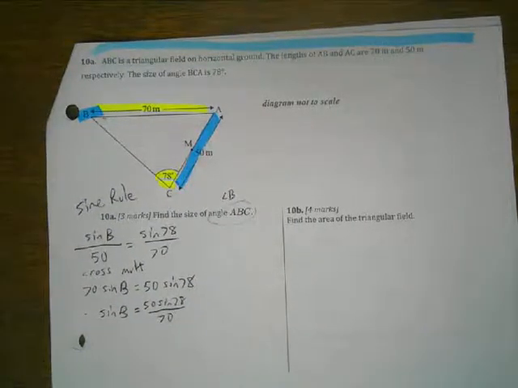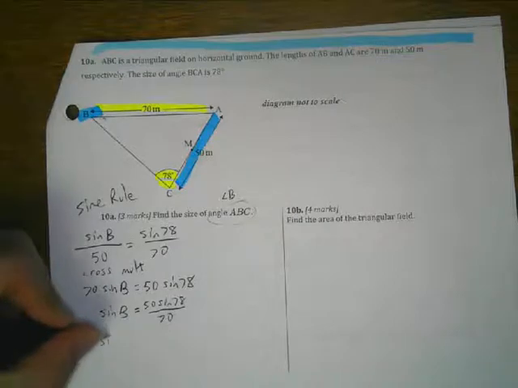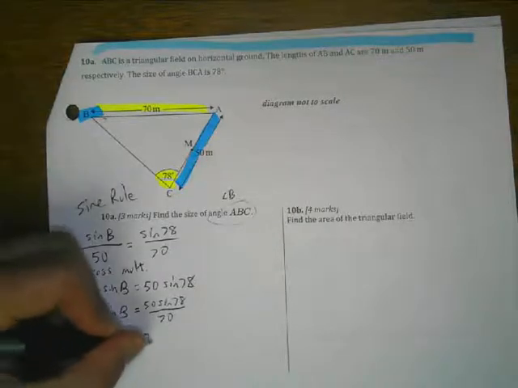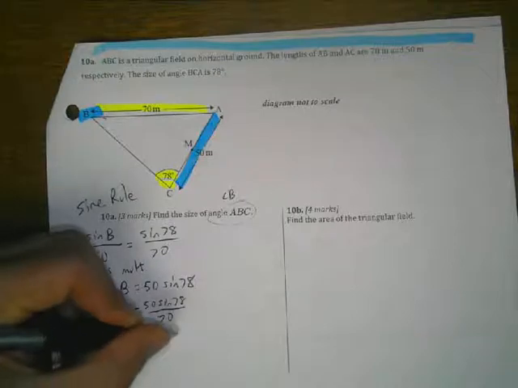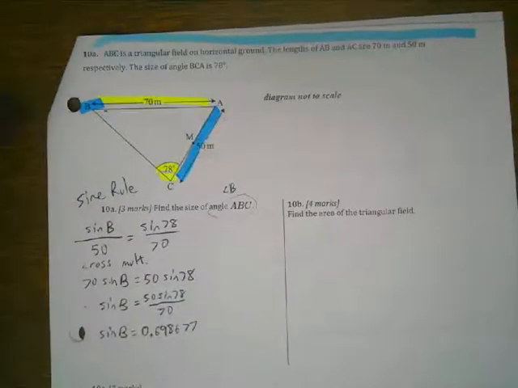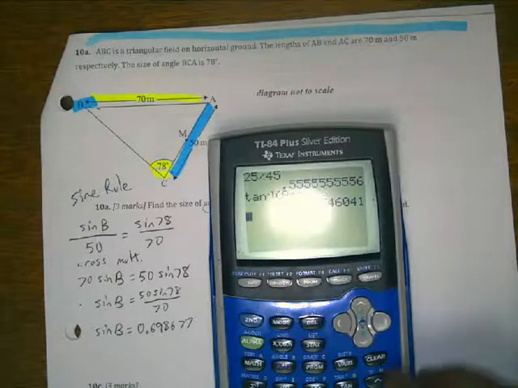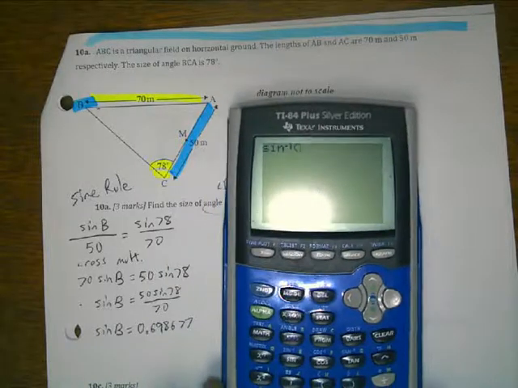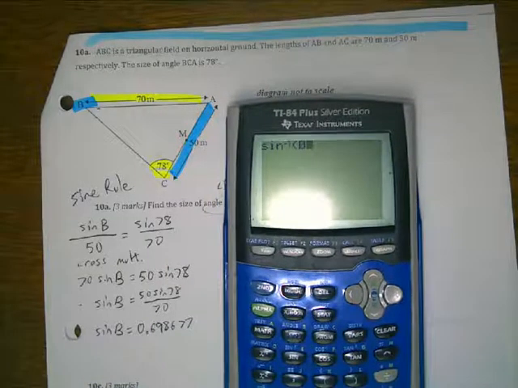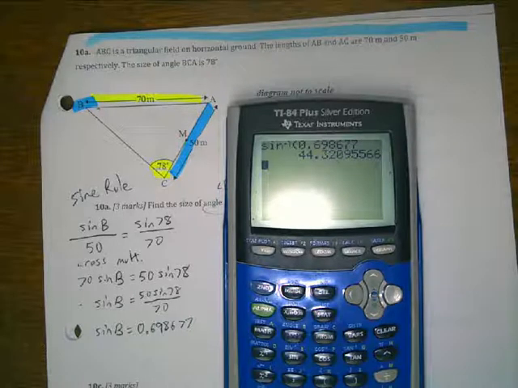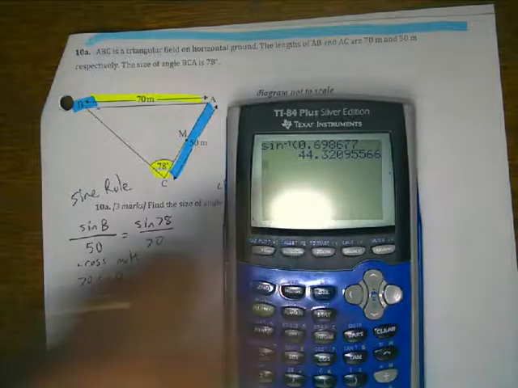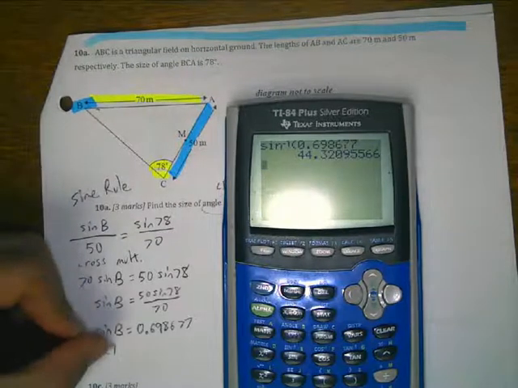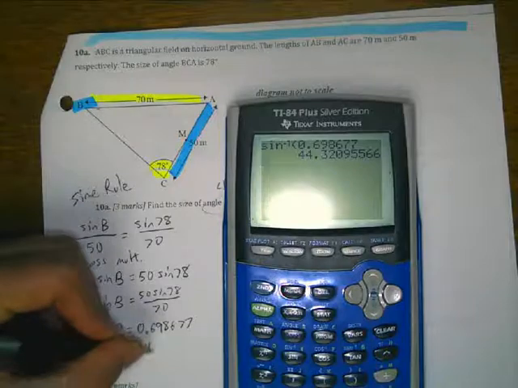I type this into the calculator, and then I get sine B equals 0.698677. On my calculator, I hit second sine to get the inverse calculation. And let's put that decimal, 0.698677. And then I get the answer of 44.3 degrees. So angle B equals 44.3 degrees.